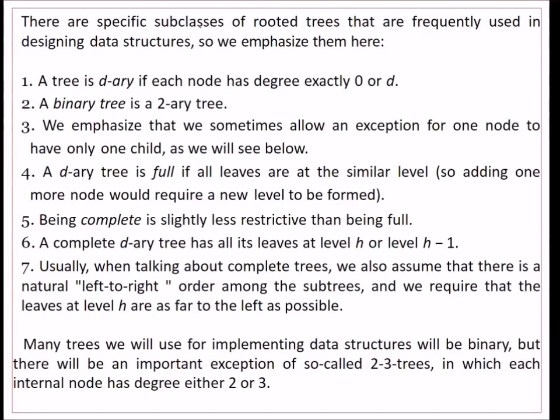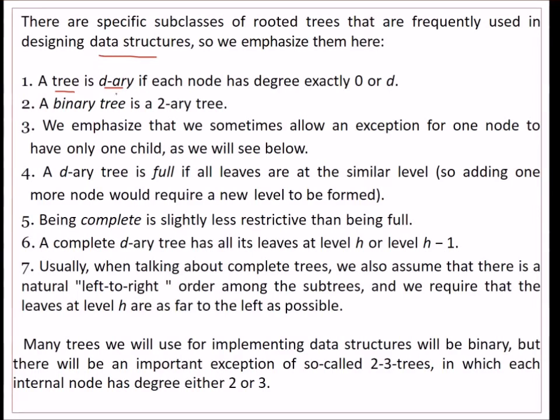There are specific subclasses of rooted trees that are sometimes used in designing our data structures. Let us emphasize them somewhat. A tree is D-ary: binary, ternary, all these words come with the suffix ary.